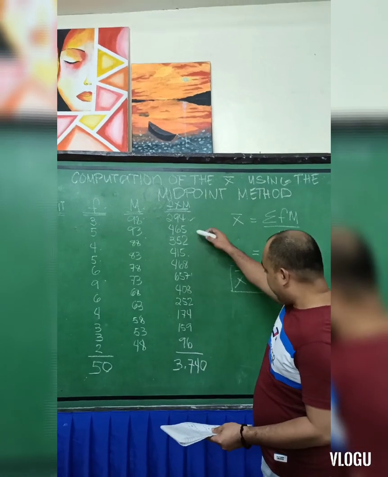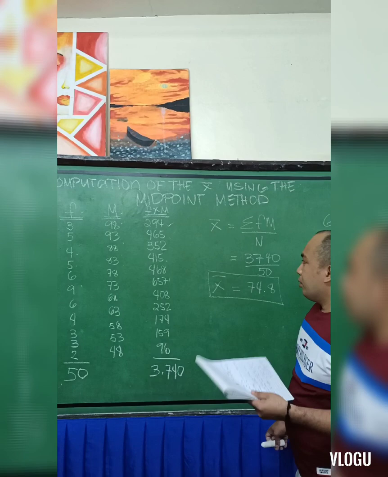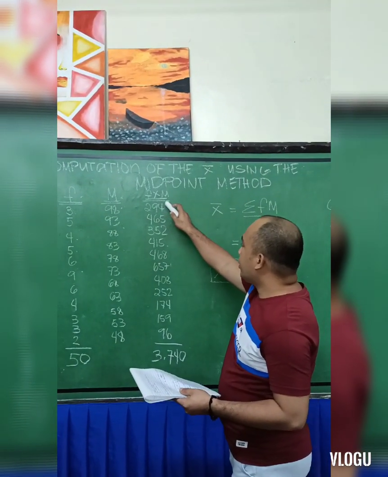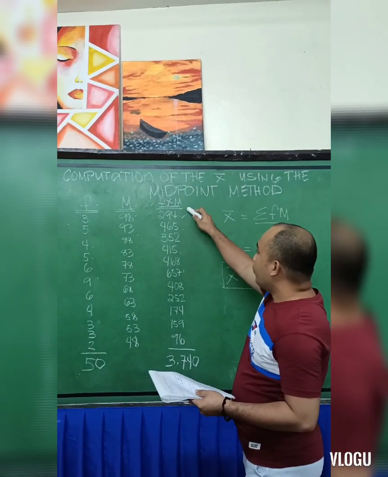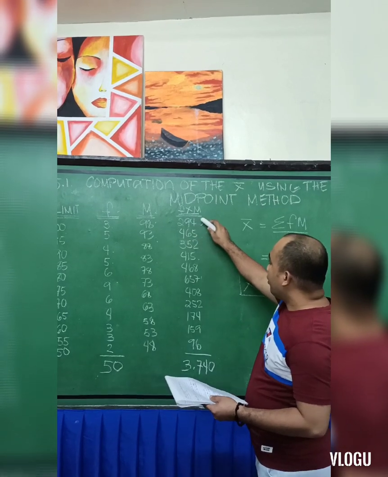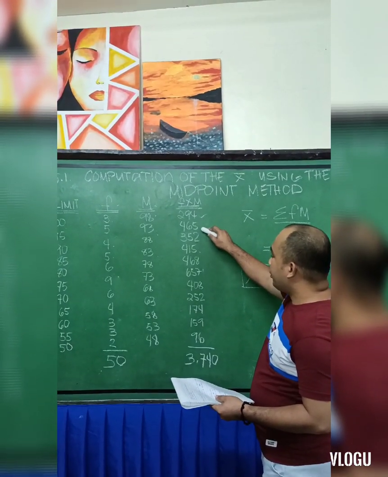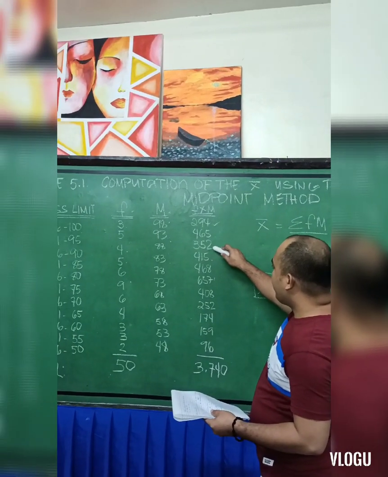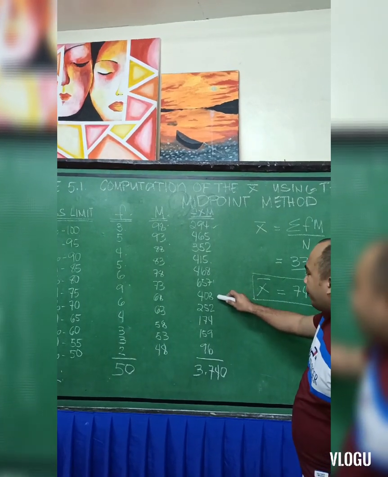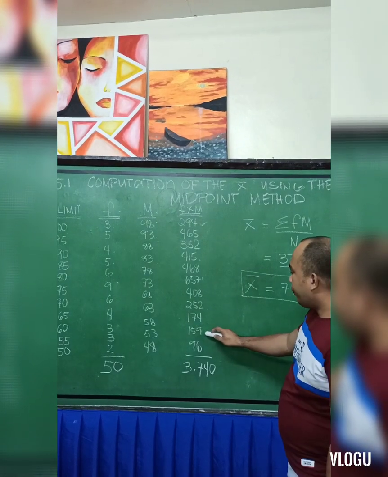So, to get the total of the product of the frequency times the midpoint, we just simply add them: 294 plus 465, 352, 415, 468, 657, 408, 252, 174, 159, and 96.